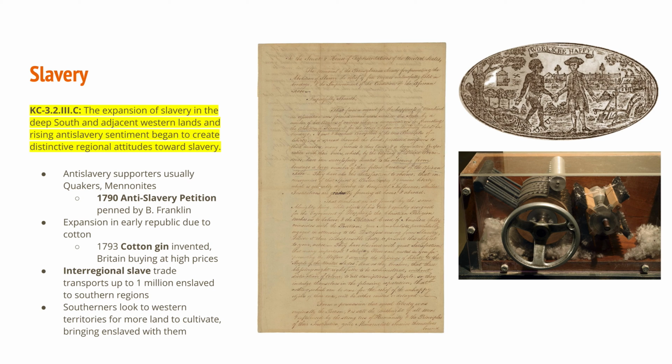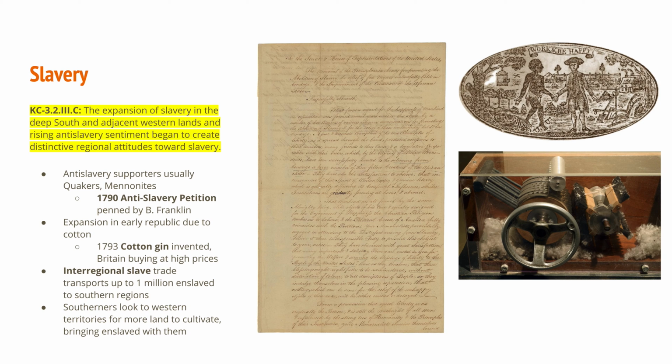Now, the expansion of slavery in the early republic was due to the new crop of cotton. In 1793, the cotton gin is invented by Eli Whitney, and it helps separate the cotton fibers from the cotton seeds. You see an image on the right side of what it looks like.